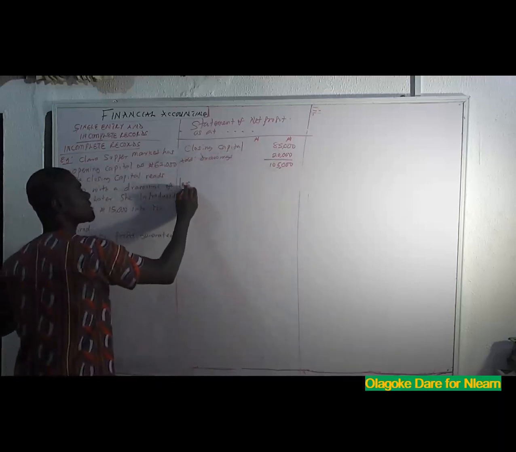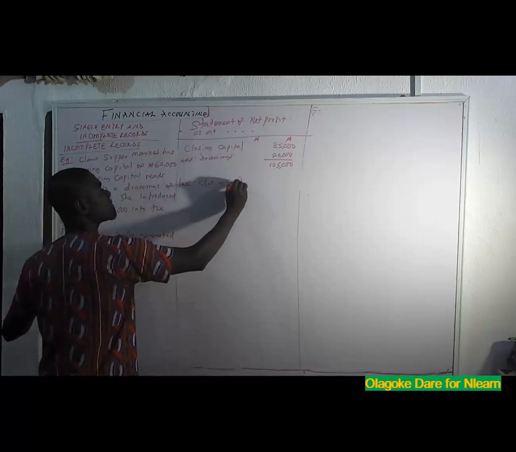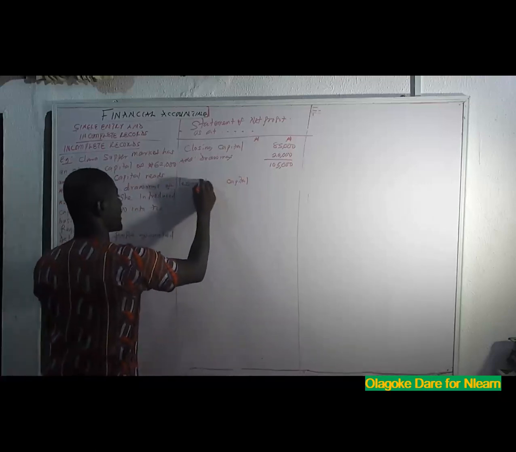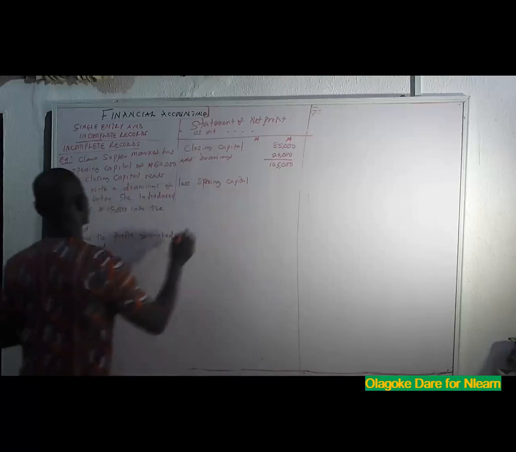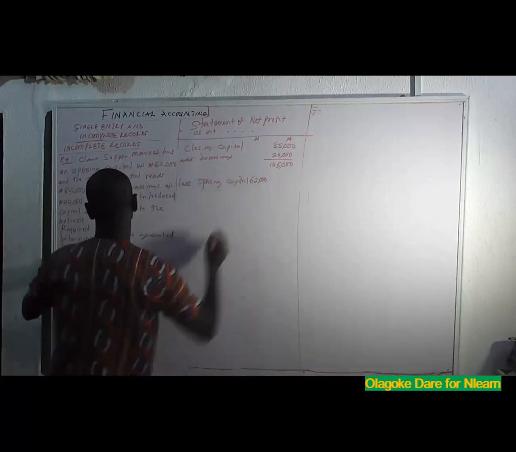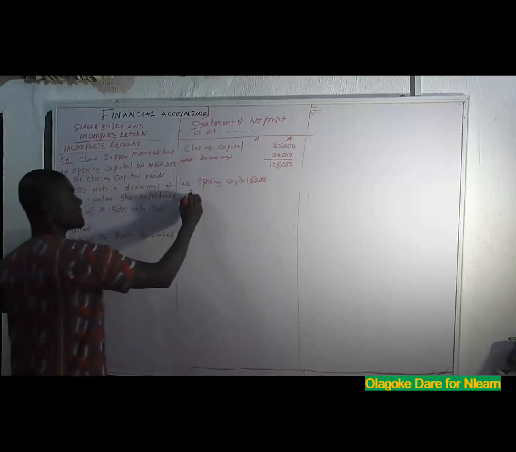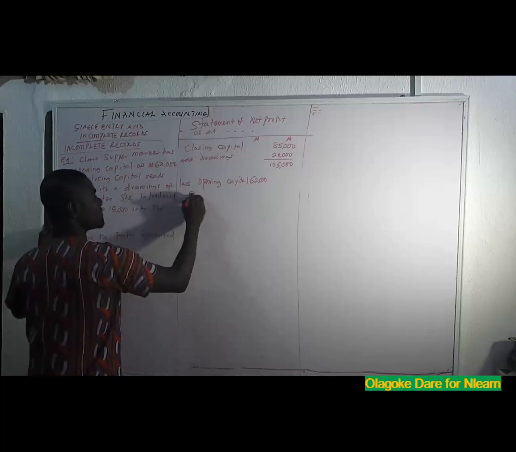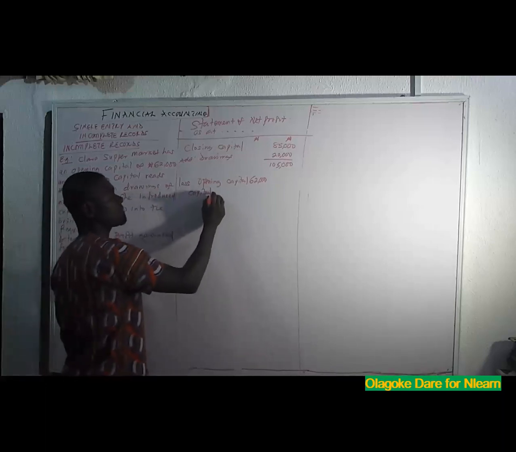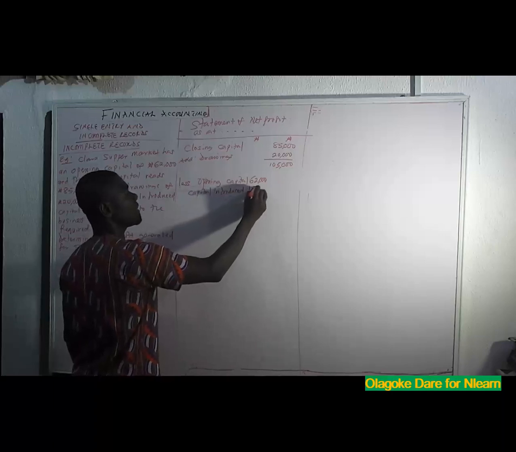Then we deduct opening capital. The opening capital is 62,000. We also have capital introduced, or additional capital, which we deduct. The capital introduced is 15,000.